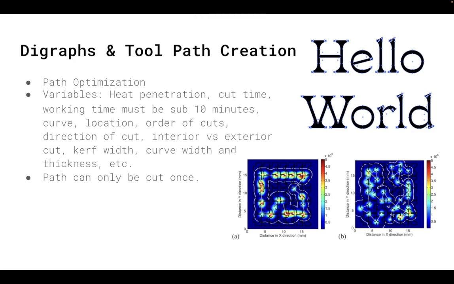So how does plasma cutting relate to graphs? In creating the vector files that are then converted to G-code for toolpath, the vectors are node-based, and you can see in the representation image with Hello World on the side, which is just something that I made very quickly in Adobe Illustrator.